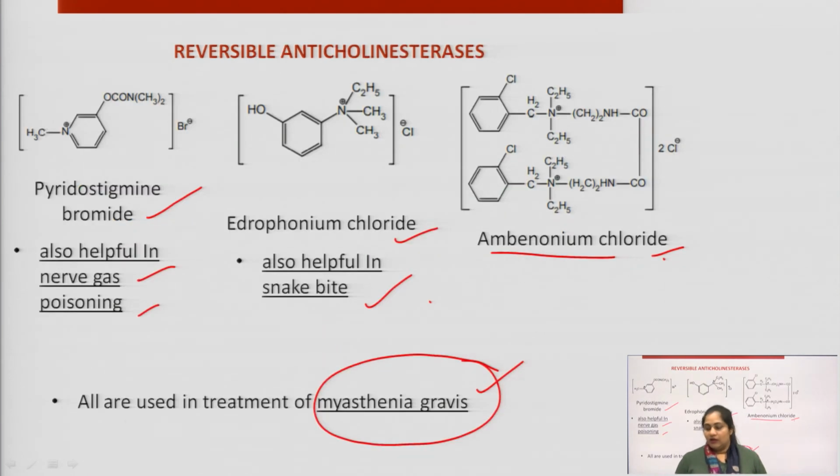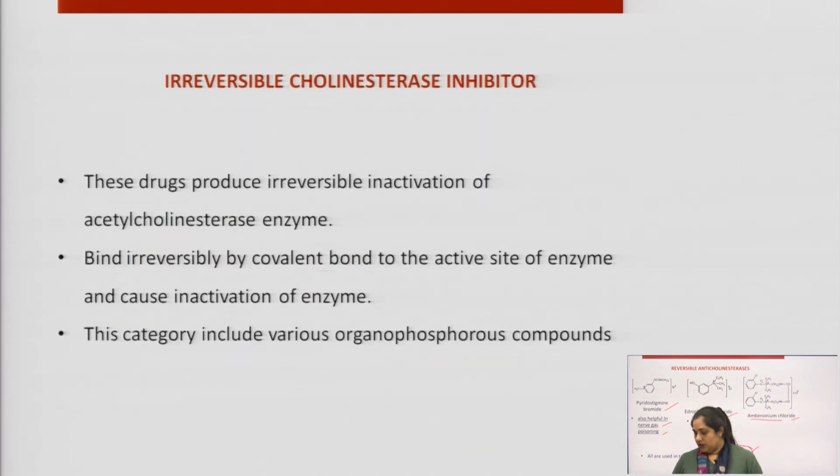Further, there are some examples of reversible anticholinesterases. All of the reversible anticholinesterases are known for the treatment of myasthenia gravis.